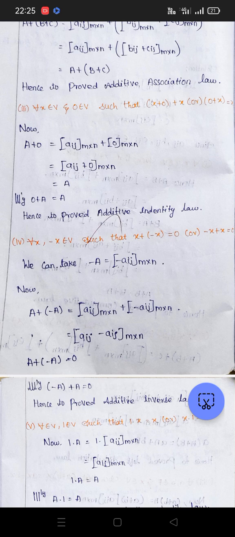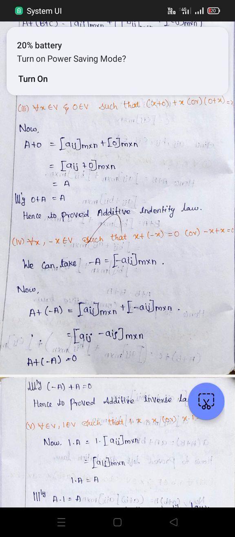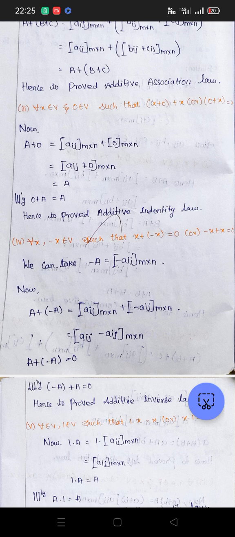We can take minus A is equal to minus Aij of M cross N. Now A plus minus A is equal to Aij of M cross N plus minus Aij of M cross N, which is equal to Aij minus Aij. So the value of A plus minus A is equal to 0. Similarly, minus A plus A is equal to 0. Hence proved the additive inverse law.